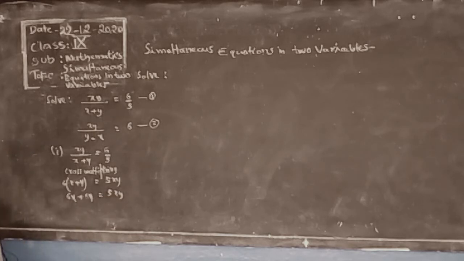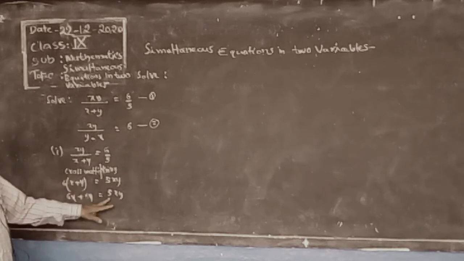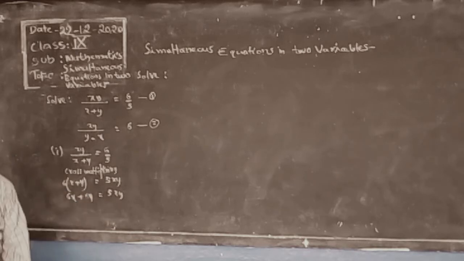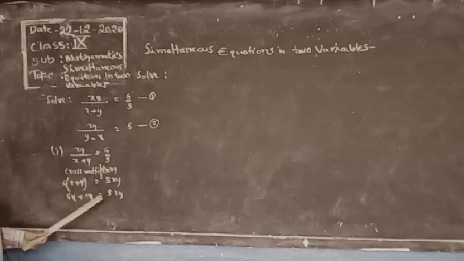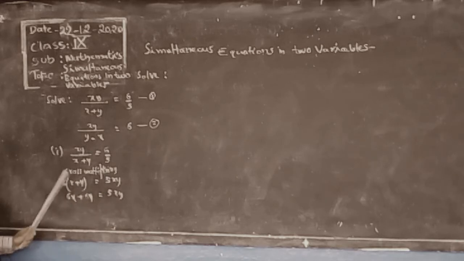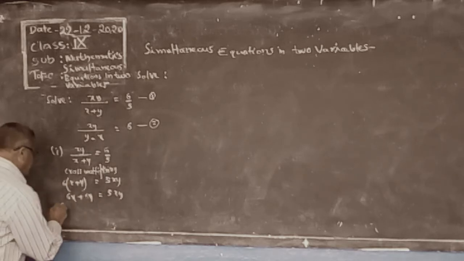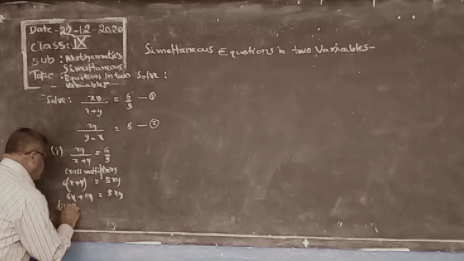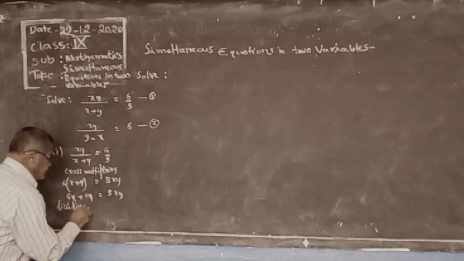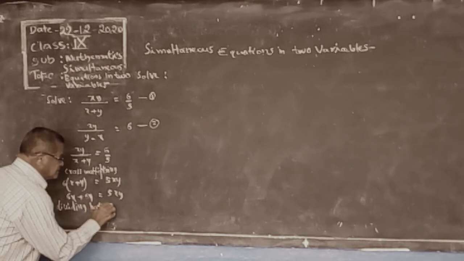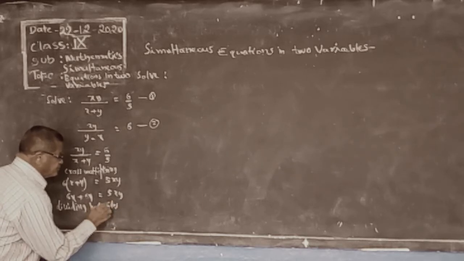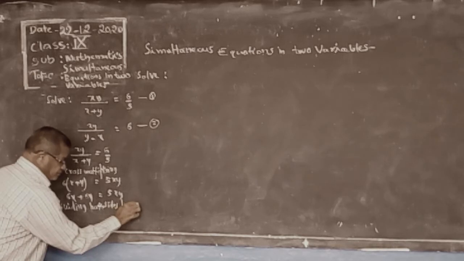So let us divide both sides by xy. To make the RHS a constant number 5, divide both sides by xy.